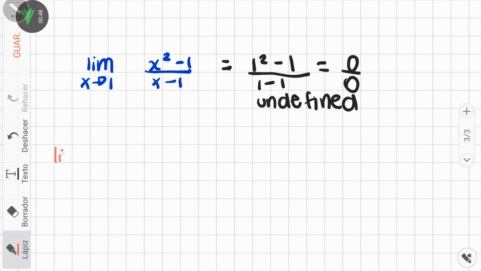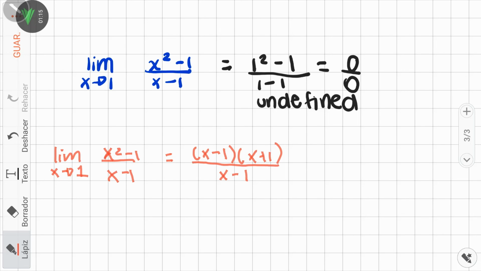So again, you have the limit of x squared minus 1 over x minus 1 as x approaches 1. And something you can do is factor out this numerator. If you notice, this is a difference of squares. So then its factorization will be x minus 1 times x plus 1, and then that will be over the same denominator.